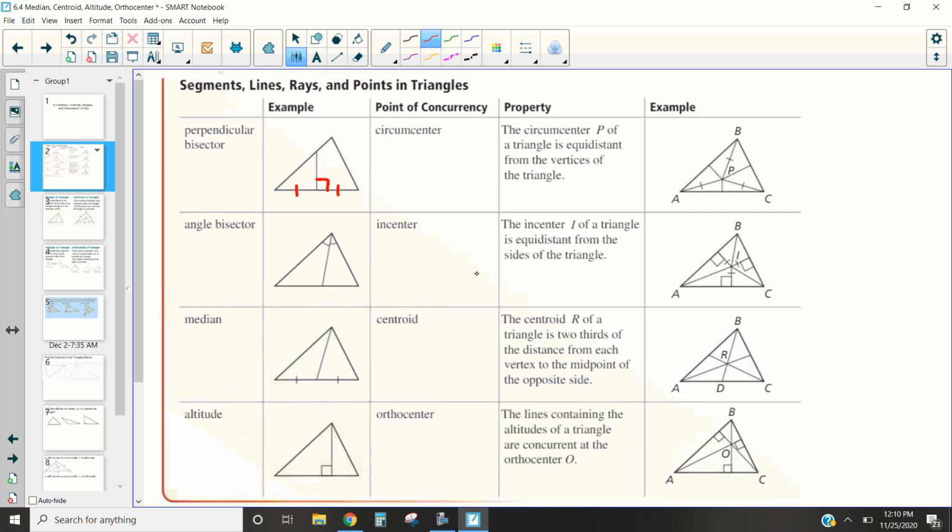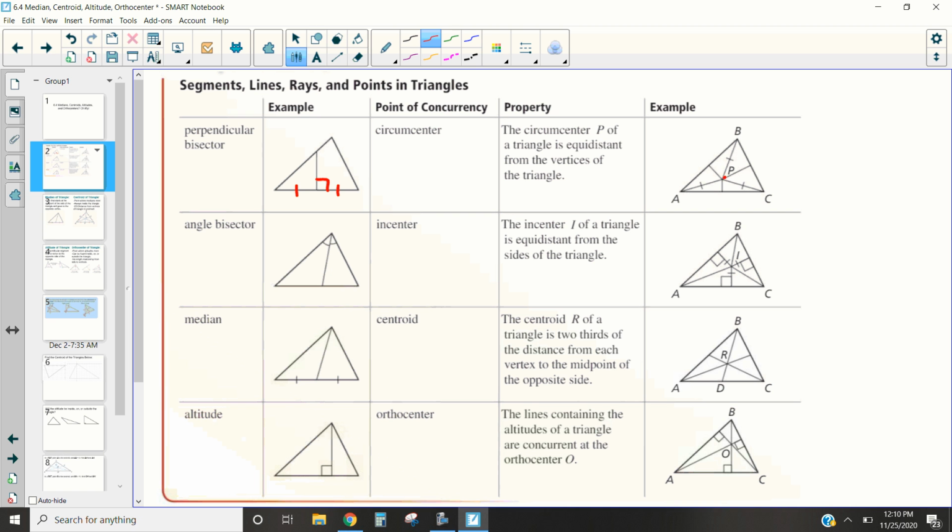Now, when we take the perpendicular bisectors of all 3 sides of the triangle, all those sides will actually cross at one specific point. And the specific point, which is also known as the point of concurrency, is called the circumcenter. Now, that circumcenter is where it crosses, and it kind of has some cool properties about it. So the circumcenter of a triangle is actually equal distances from the vertices of a triangle.